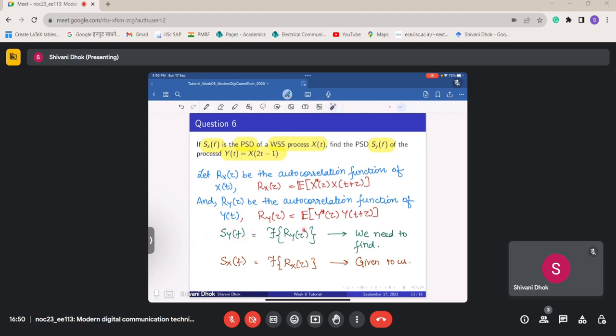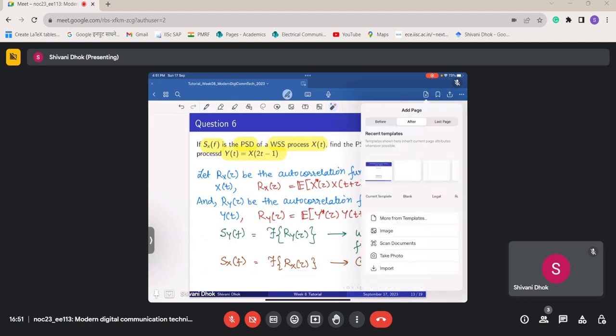So first we need to find this Ry of tau, and then we need to find the Fourier transform of it. Another thing to note here is we have only been given the relation between the y(t) and x(t) processes. So exploiting this relation that we know, we'll try to find Ry of tau in terms of, or as a function of, or in some form related to this Rx of tau.